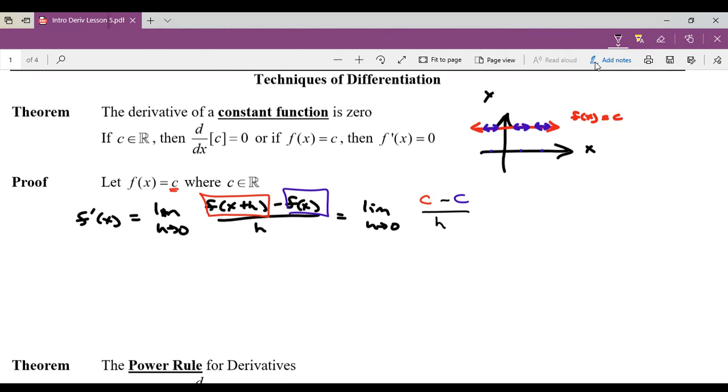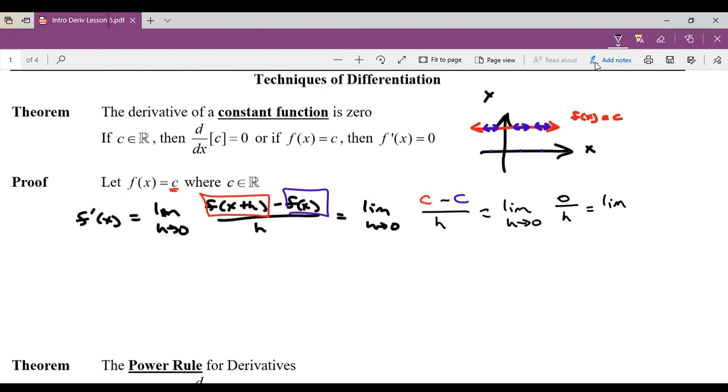So now you might think at first glance, oh, you're going to get an indeterminate form, but we're not going to do the limit yet. So let's simplify. I would get the limit as h goes to zero of 0 divided by h. So now what is 0 divided by h? In other words, don't do the limit yet. Just do 0 divided by h.